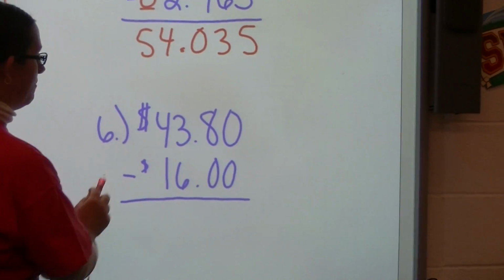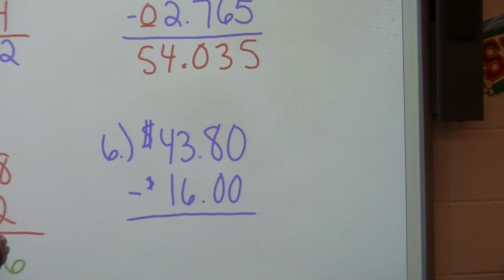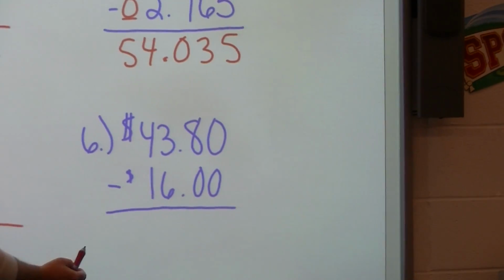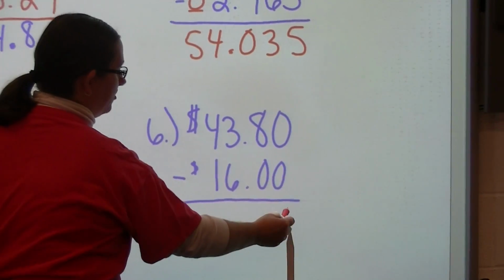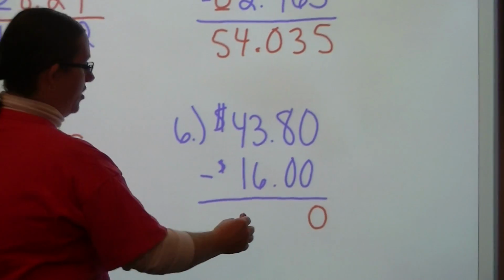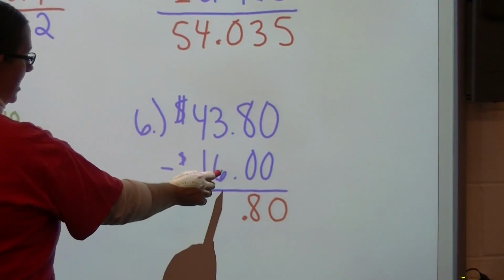This one's back using money, $43.80, take away $16. Again, make sure your dollar signs are in there, make sure your decimals are lined up, as well as all your other place value digits. Start all the way to the right. 0 take away 0 is 0. 8 minus 0 is 8. Put your decimal in there. 3 take away 6.